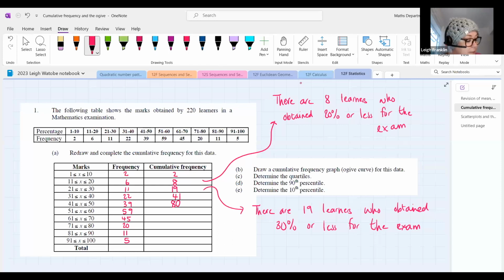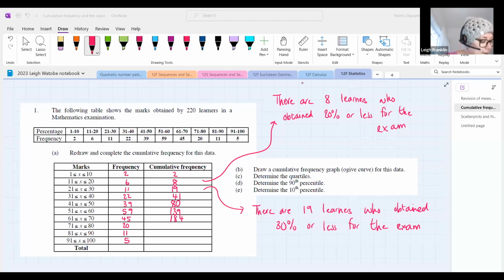Then to 80, we add 59, so over here we have 139. Then we add 45, and here we get 184. So you can see each time I am adding the cumulative frequency plus the new frequency of the group.